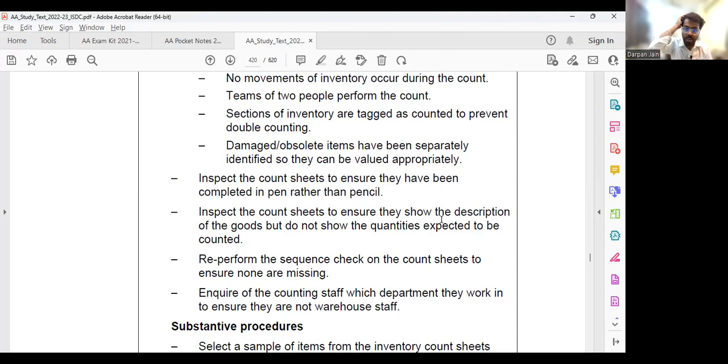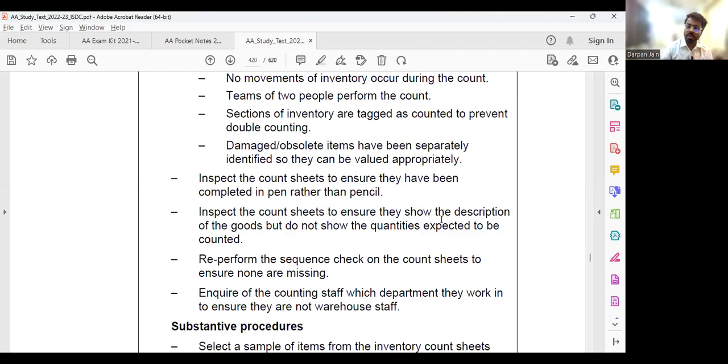Next, inquire of the counting staff which department they work in to ensure that they are not warehouse staff. The warehouse staff should not be allowed to do the inventory count, because again, there is a chance of manipulation.